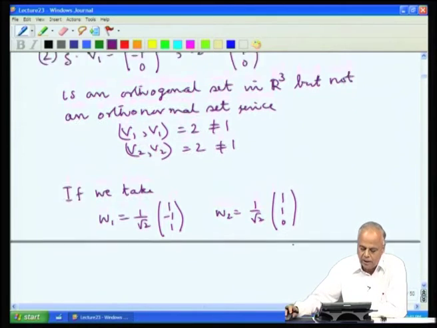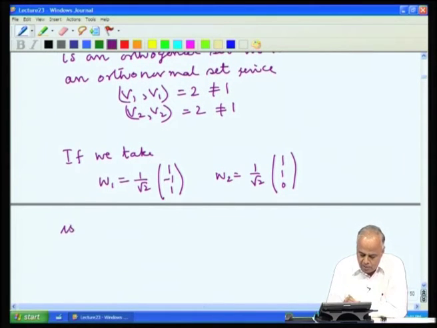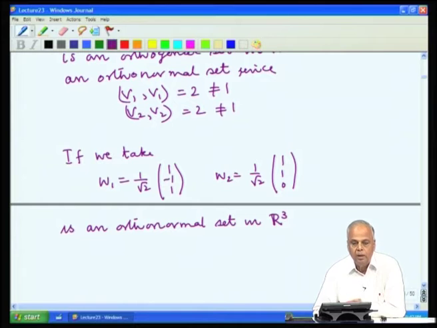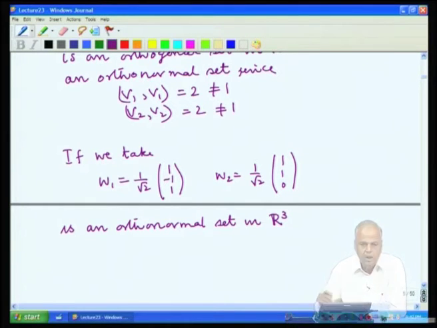Now this set is an orthonormal set in R 3, because w 1 and w 2 are orthogonal to each other and each one of them has length 1. Let us take R 4.